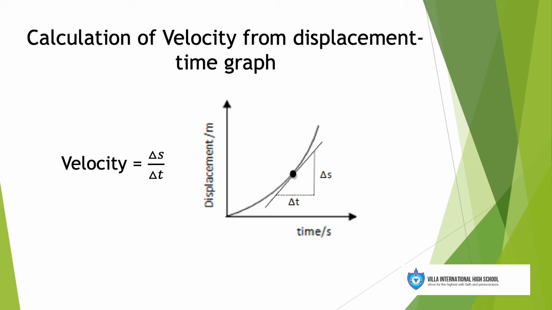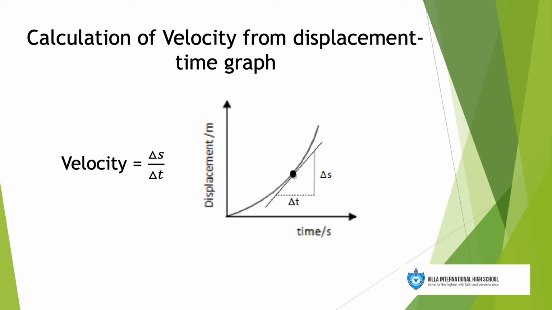So you just put a point on that time and draw a tangent as shown in the figure. Then the tangent is a straight line. From the straight line, just make a triangle, find delta s and delta t, and find the velocity. So velocity is equal to delta s over delta t. This means that the calculation of velocity from a displacement time graph is exactly finding the gradient. If you find the gradient, you will get the velocity. Remember, the unit of velocity is meter per second.